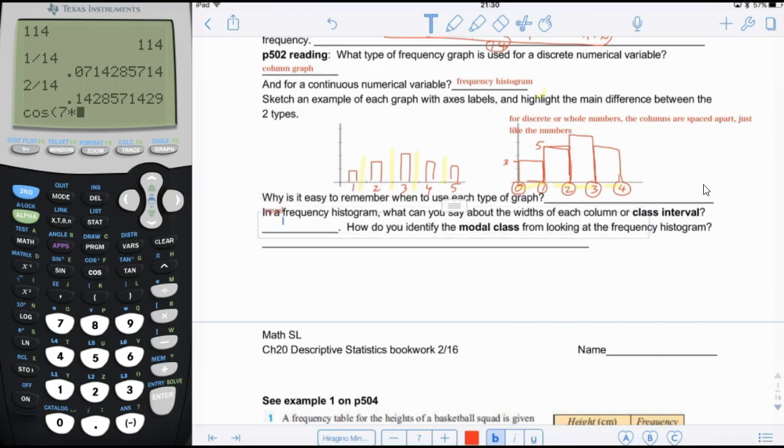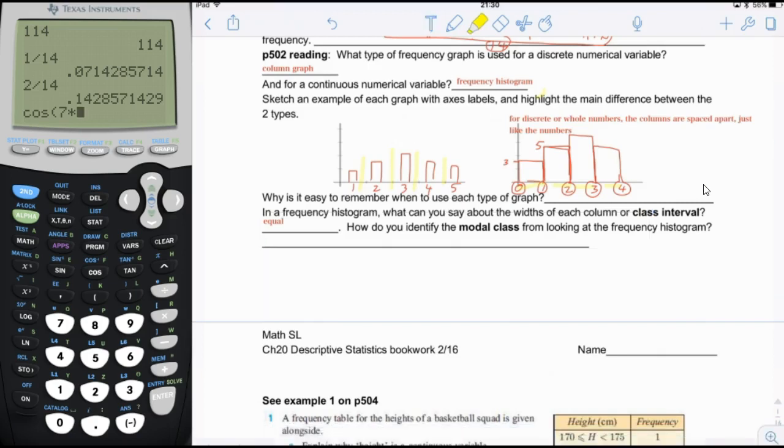Okay. And how do you identify the modal class from looking at the frequency histogram? Well, the modal class is similar to the mode. The difference is a mode is one value, and a modal class is the bucket that has the most things in it.